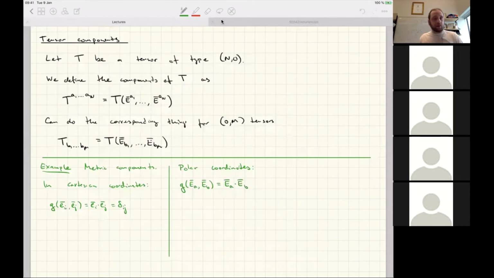In curvilinear coordinates, this does not need to be an orthonormal system, so this inner product does not need to be the Kronecker delta. And this by definition is the component g_ab.